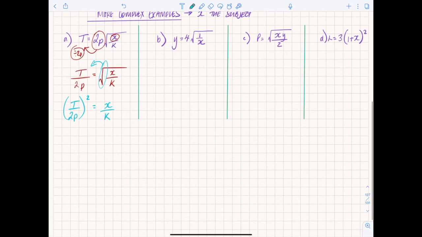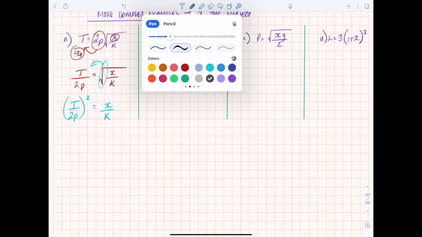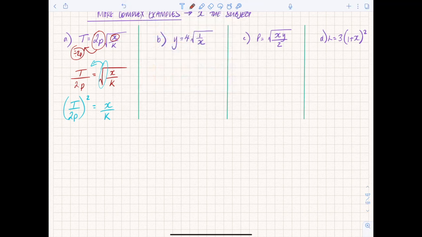Now, really important to understand what this actually means here, because t over 2p squared means t over 2p times by t over 2p. And when you actually work that out, I'm just going to move that to the side. t times t is t squared, and 2p times 2p is actually 4p squared.